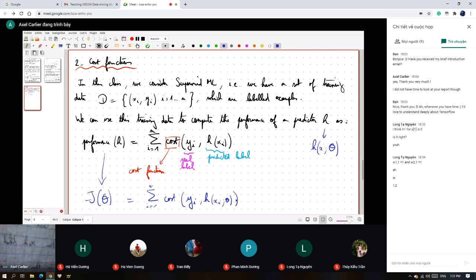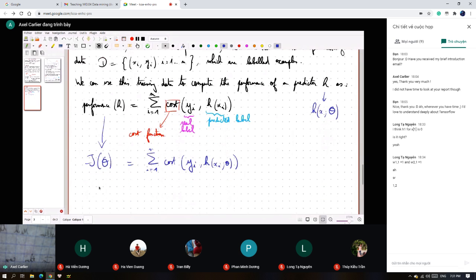And here, I hope you understand that this J of theta is something that we want to minimize. We want this to be minimal.